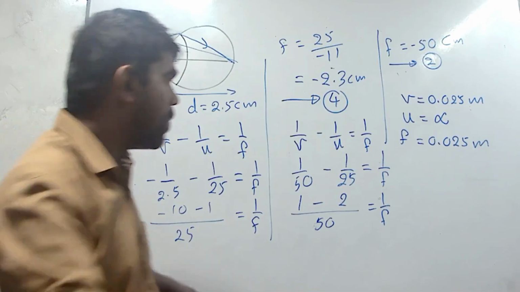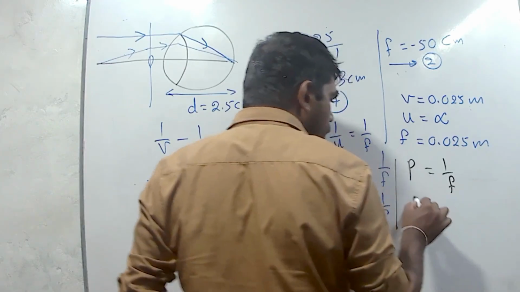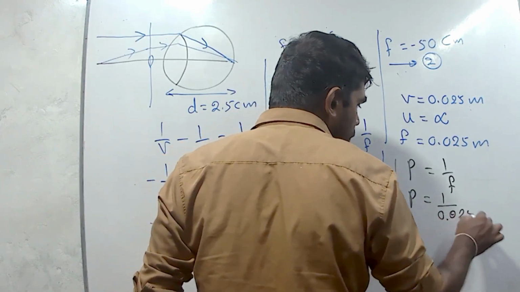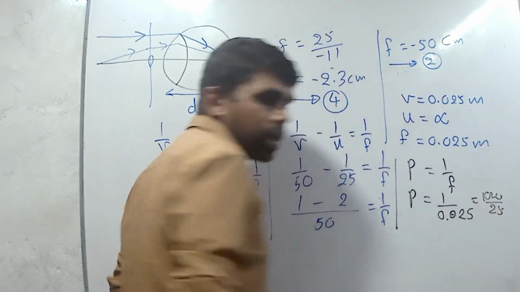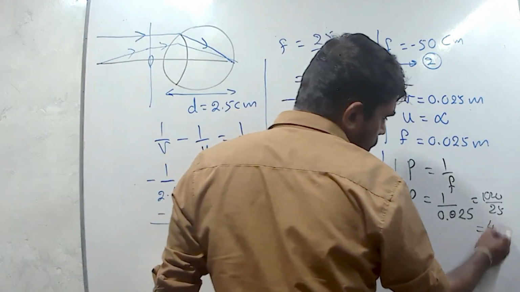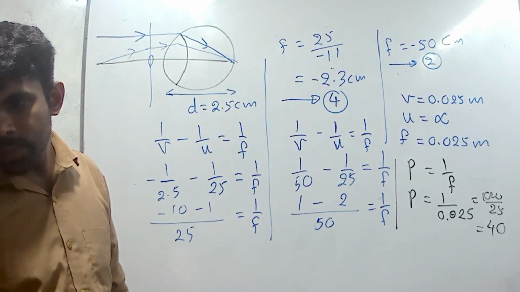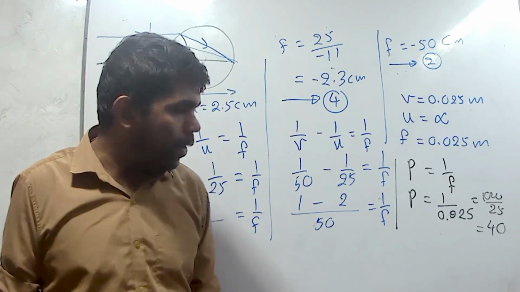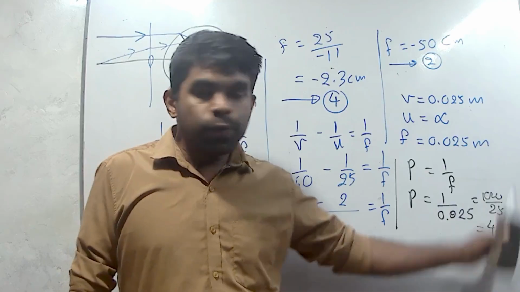Then we can find the lens power. Power is 1 over focal length 0.025. It means 1000 divided by 25, which is 40. But they have given lens power for the resting eye as 45. It should be converted to 40.